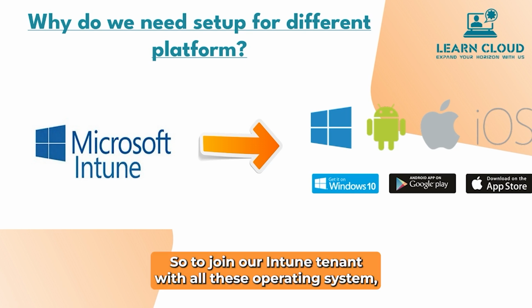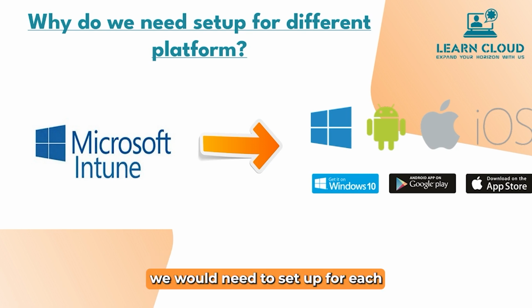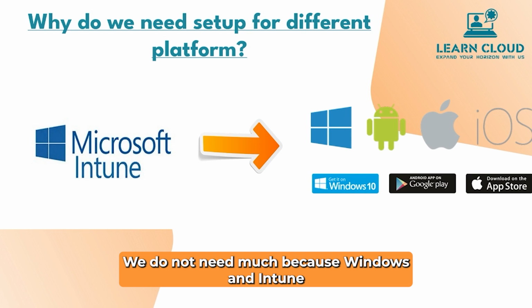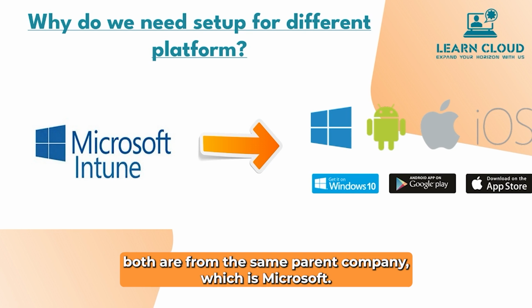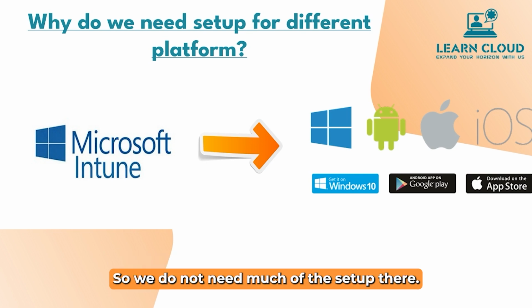So to join our Intune tenant with all these operating systems, we would need to set up for each of these operating systems. For Windows, we do not need much because Windows and Intune both are from the same parent company, which is Microsoft. So we do not need much of the setup there.